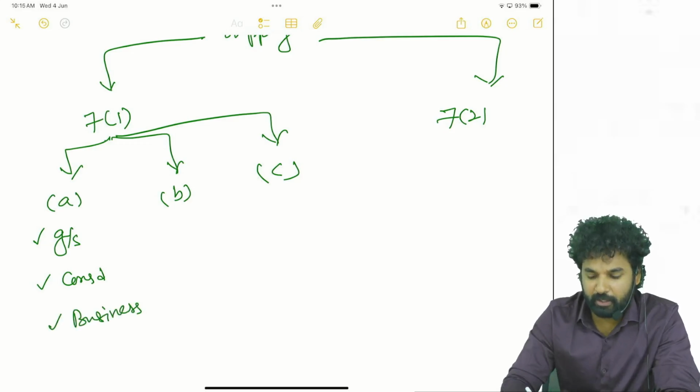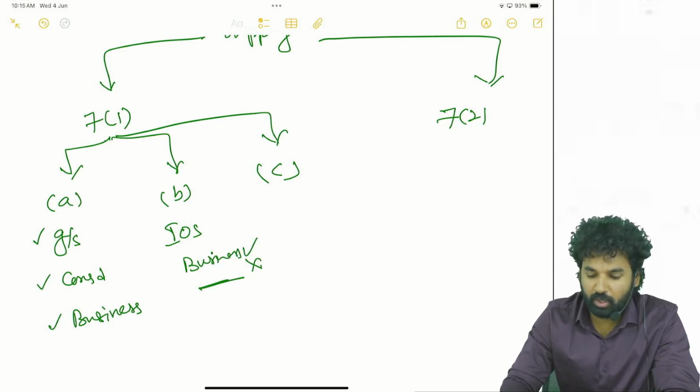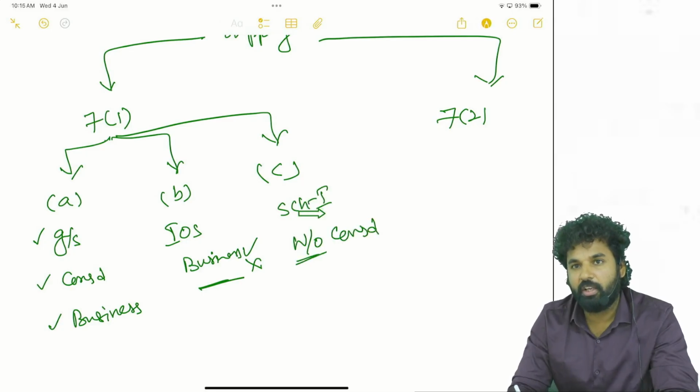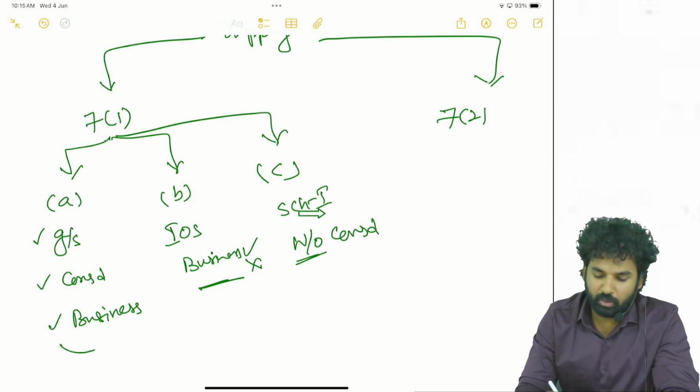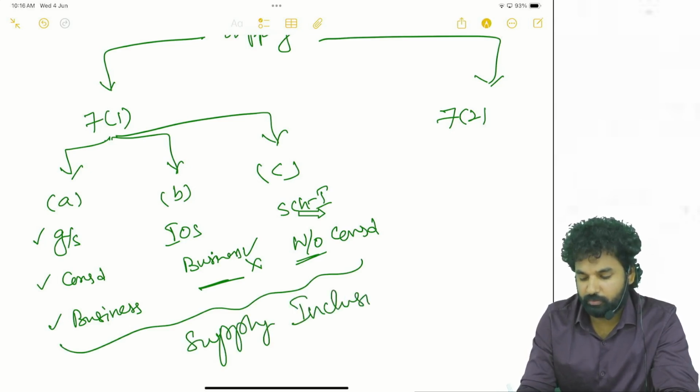Clause B is telling that if it is an importation of service, business need not be there; business may be there, may not be there. Clause C is telling that in schedule 1, there is a list of some activities, so even though without consideration, that amounts to supply. That means all these clauses are supply inclusions.